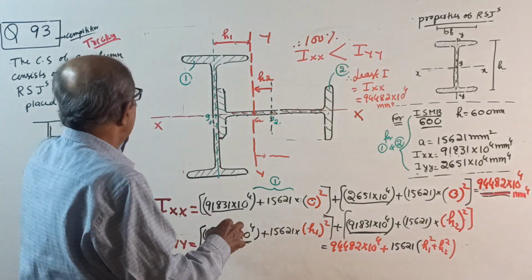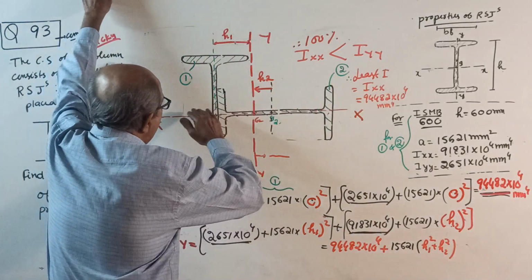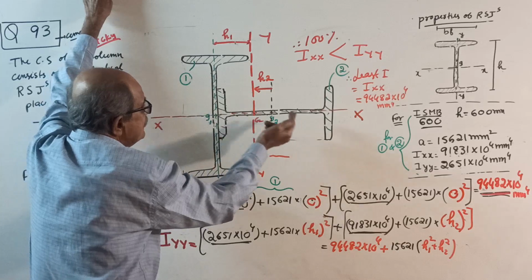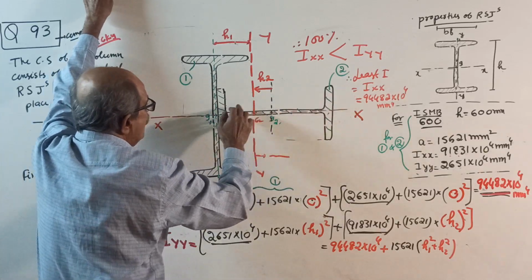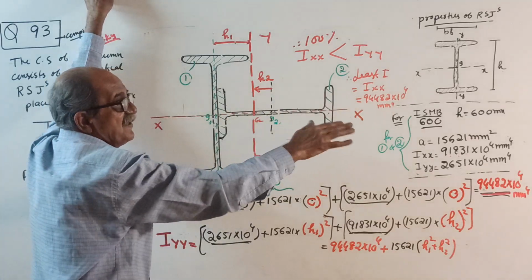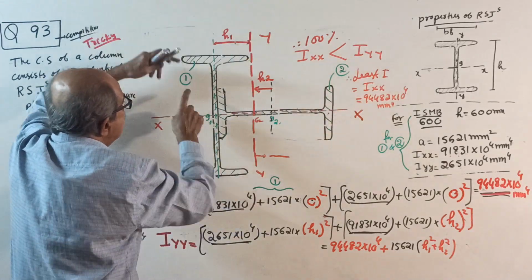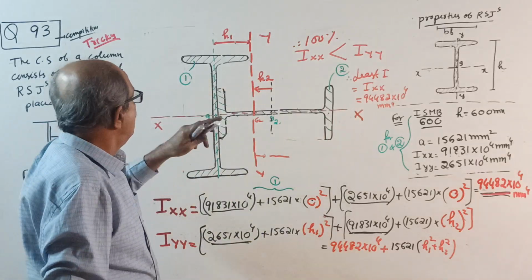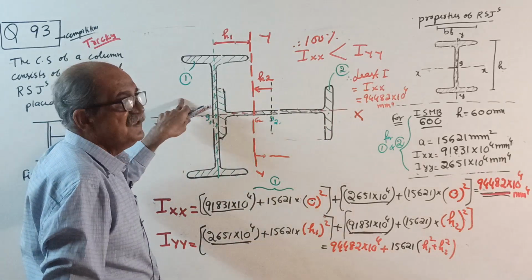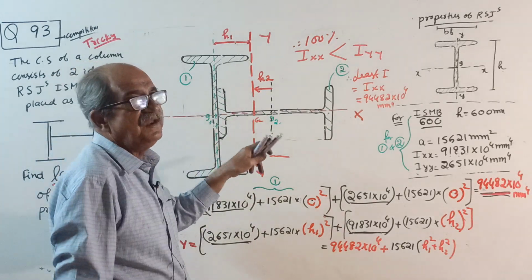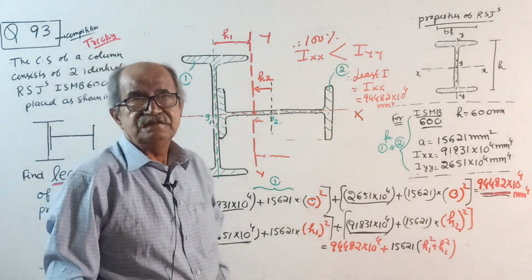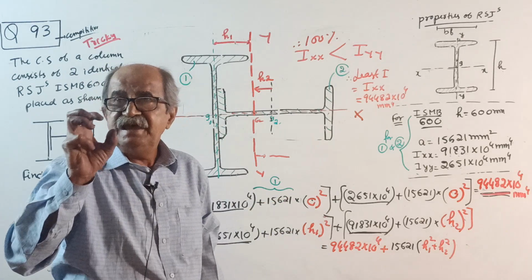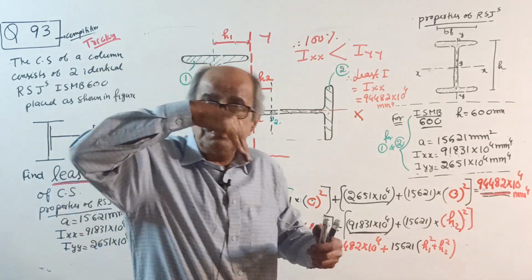Then you should think a little. I about XX is IXX plus something; IYY is the same thing plus further something.